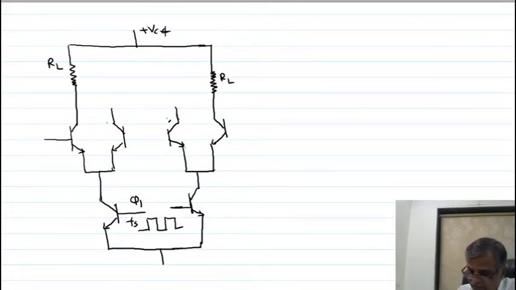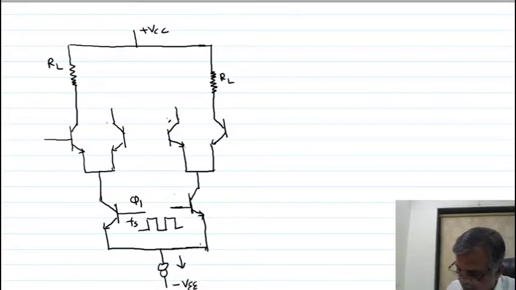Carefully observe what I did. See, I am giving the input signal to the base of Q1 with respect to base of Q2 and of a transistor of a differential pair of a transistor Q3, Q4 and Q5, Q6. Both are joined.